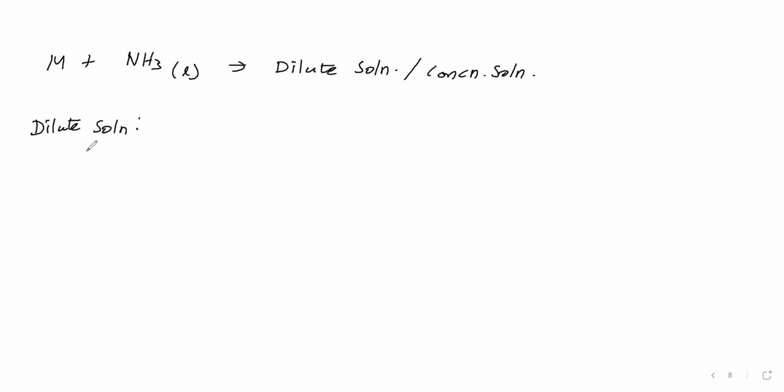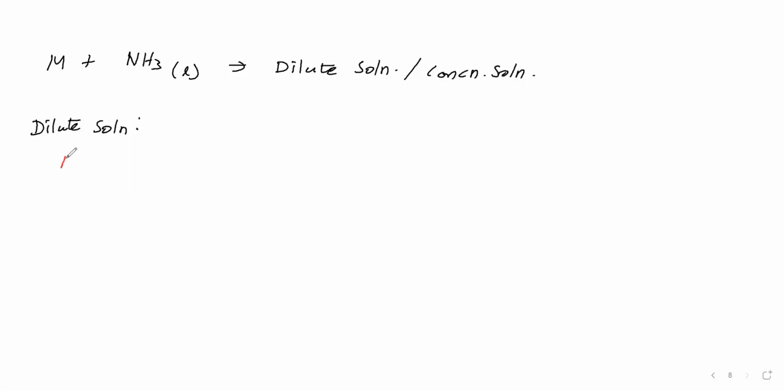We take an alkali metal and dissolve it in liquid ammonia, and we are preparing either a dilute solution or a concentrated solution. First we will see how the dilute solution behaves.